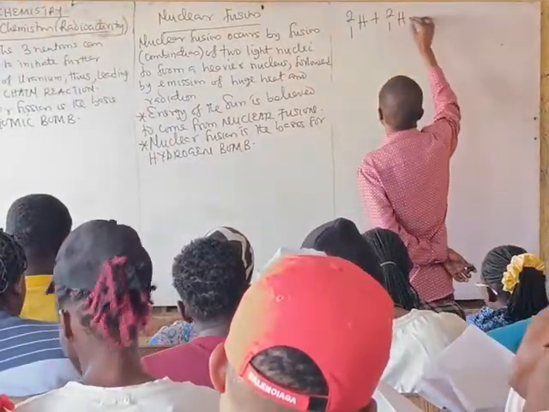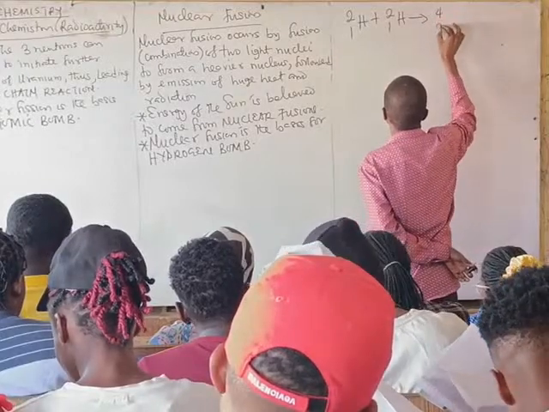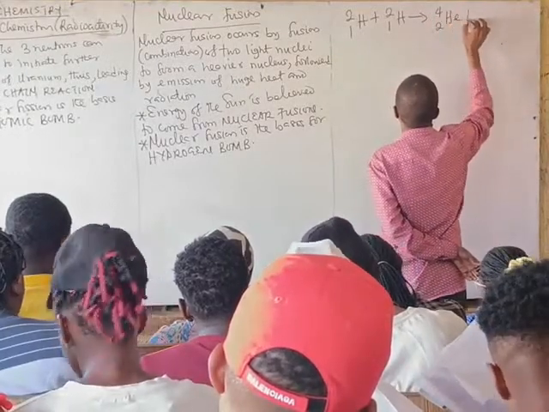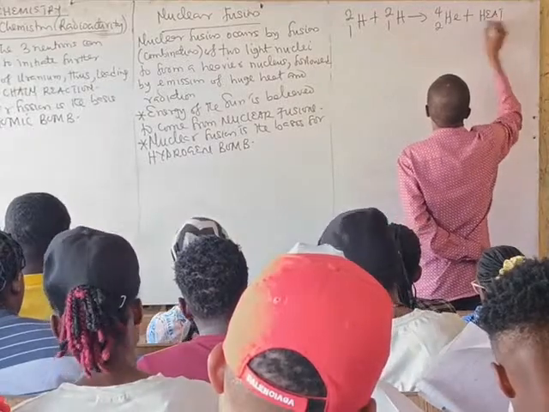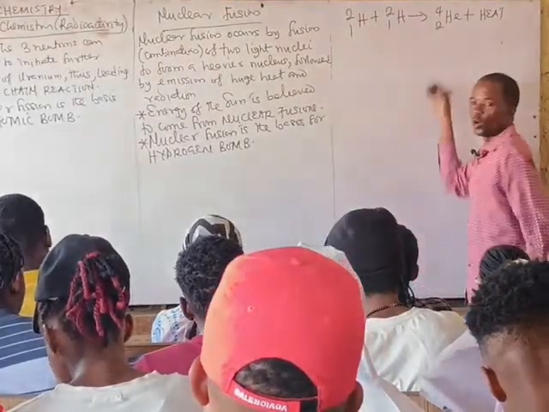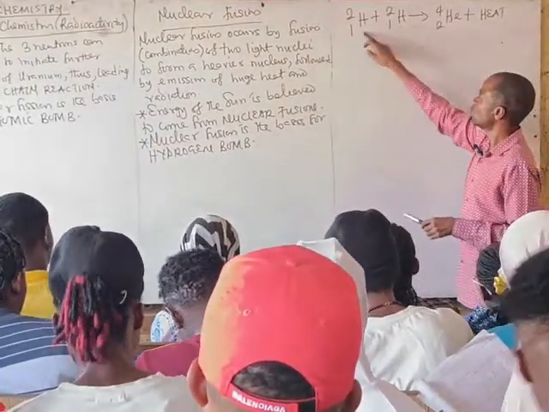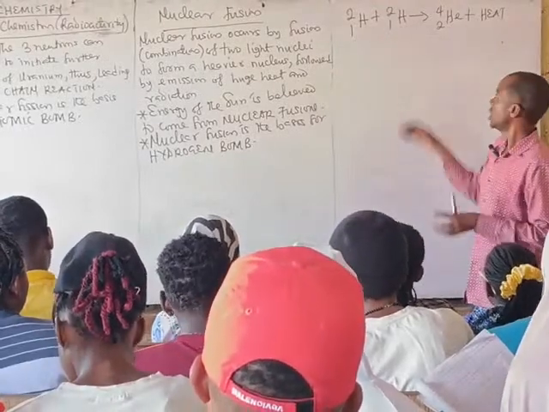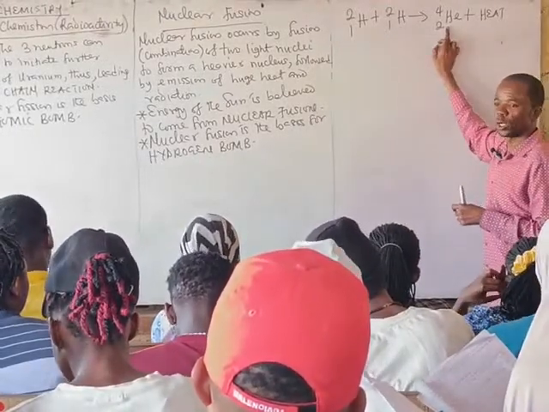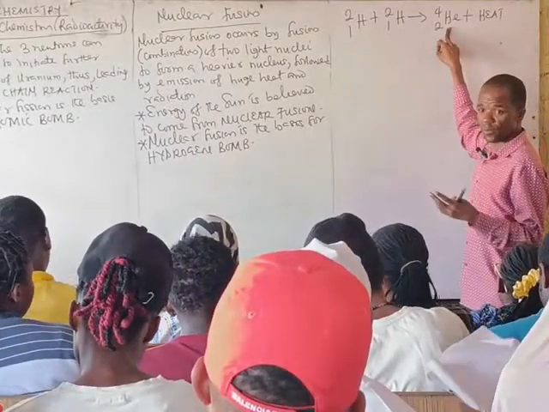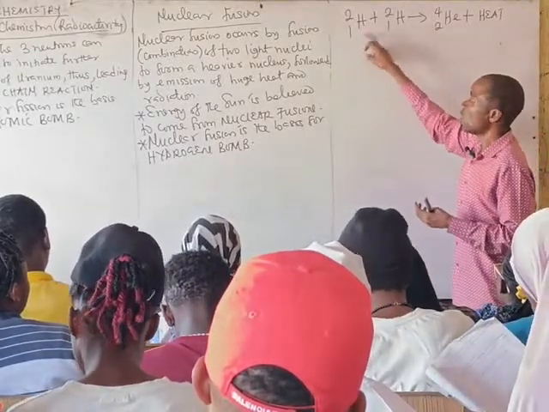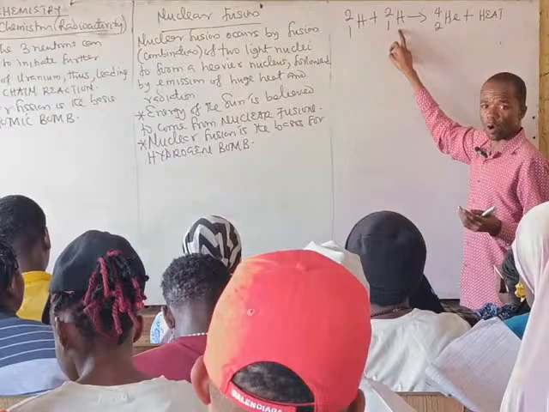When they combine together, what do we get? 4,2He plus energy. Now, this is what we refer to as nuclear fusion. You can see two light nuclei combine together to form a heavier nucleus, because the atom of helium is heavier than the atom of deuterium.